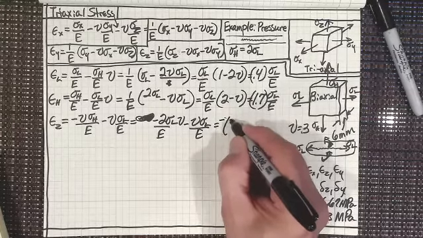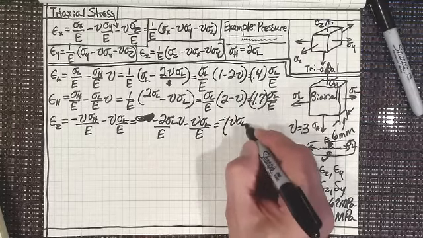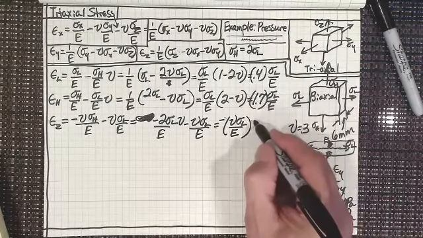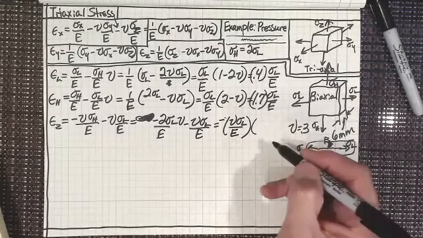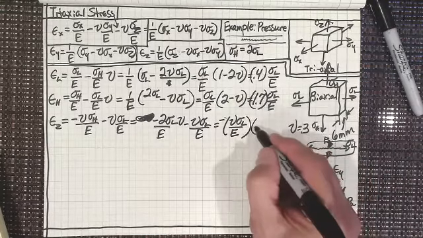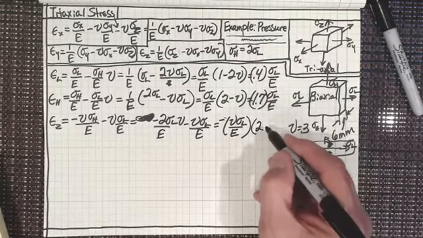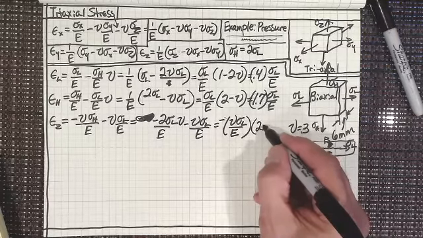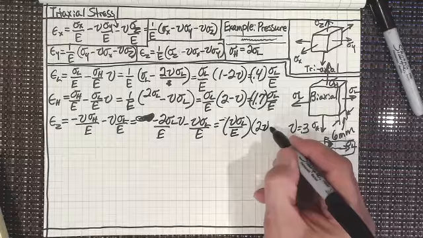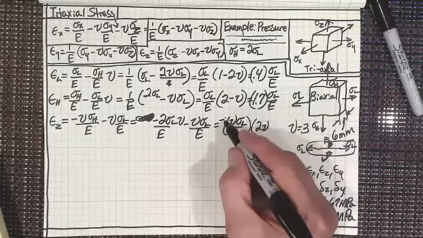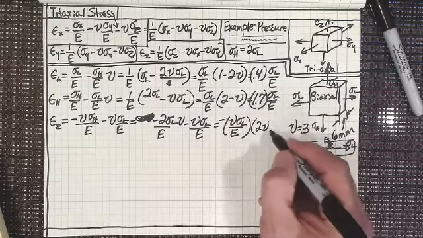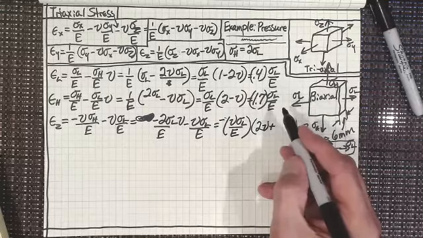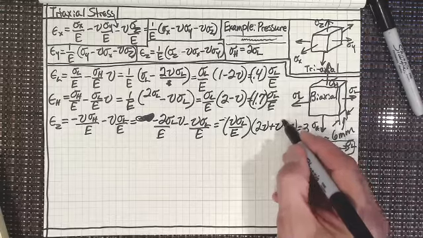And then Poisson's ratio times sigma sub L over E. And then what is left? That would be 2 plus Poisson's ratio.